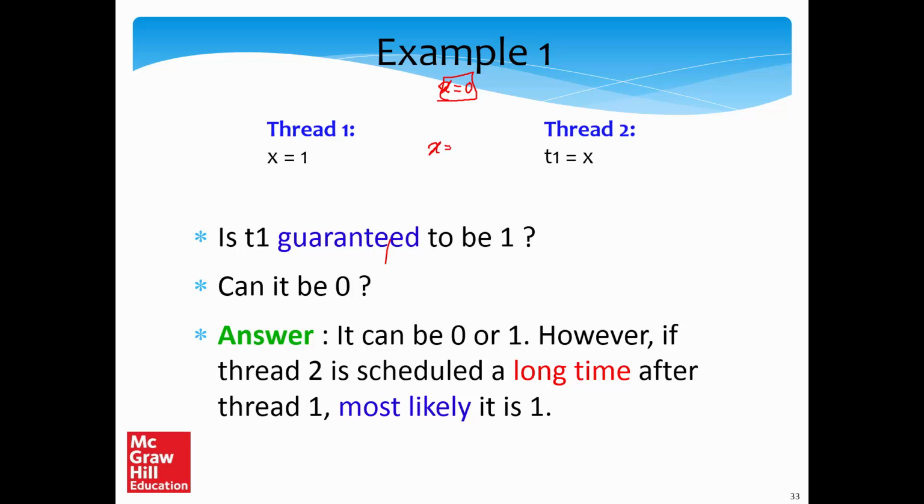So if x equals 1 happens first, and t1 equals x happens much later, then of course we will read the value of x to be 1. That's at least what we expect to read. But if t1 equals x happens before x equals 1, then of course we will read this to be 0. So it depends on their mutual ordering, and we cannot say for sure what the value of t1 will be.